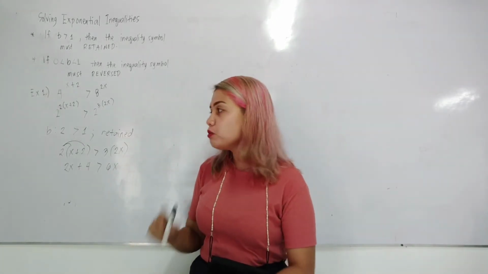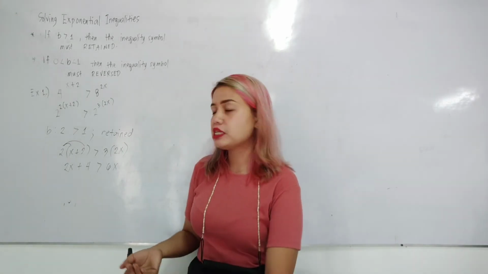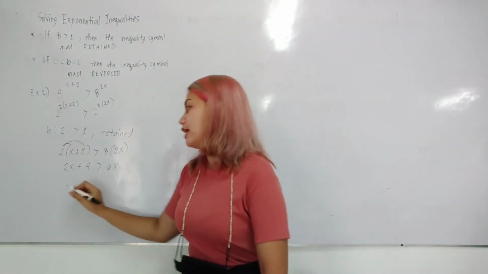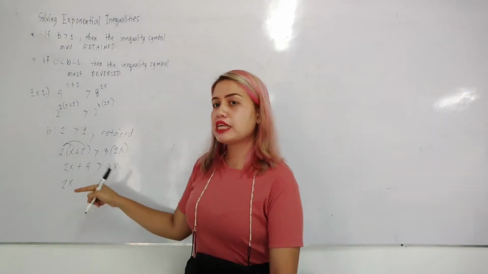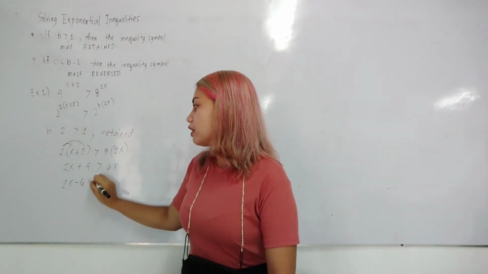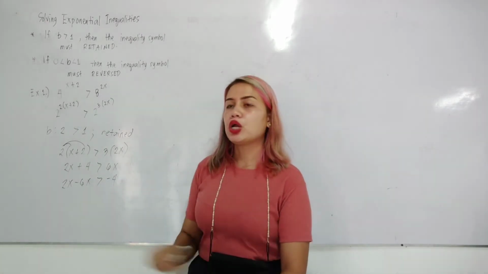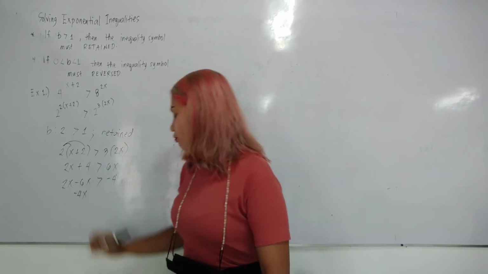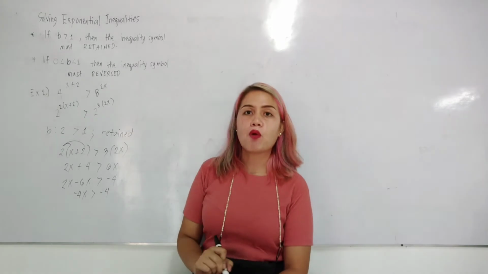Combining like terms, you transfer all the terms with the variable to one side and all the constants to the other side. So you have 2x, positive 6x becomes negative 6x, and the positive 4 becomes negative 4. 2x minus 6x is negative 4x, greater than negative 4.